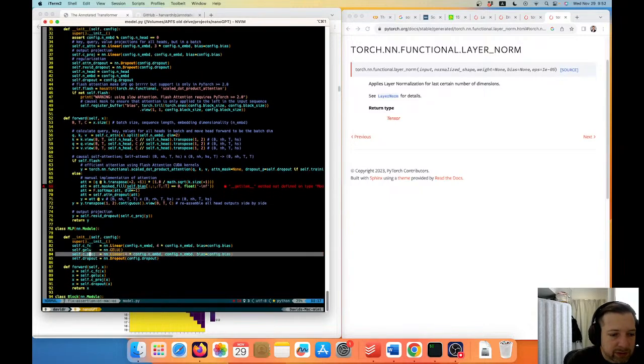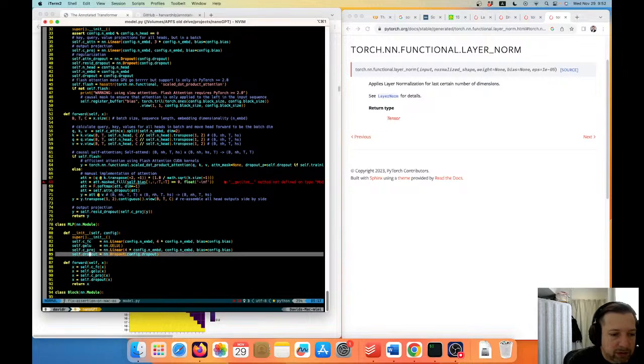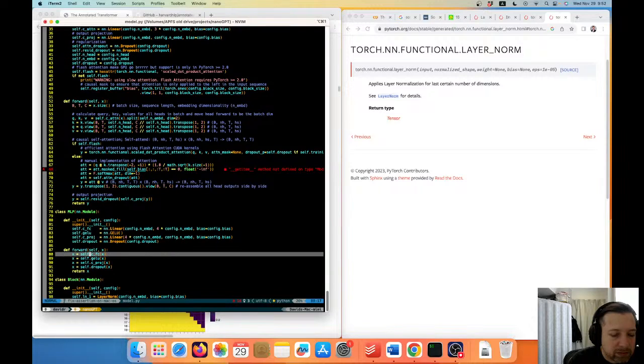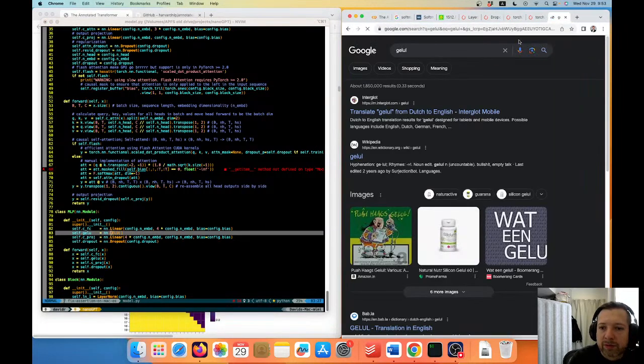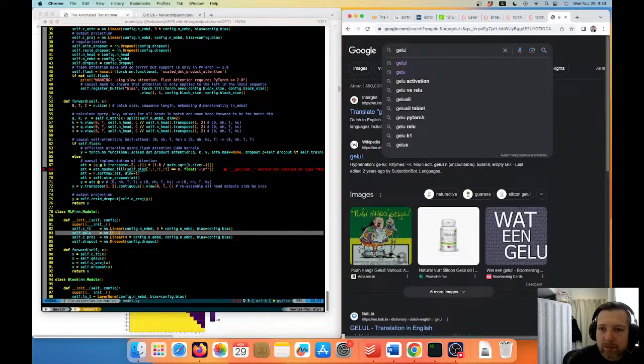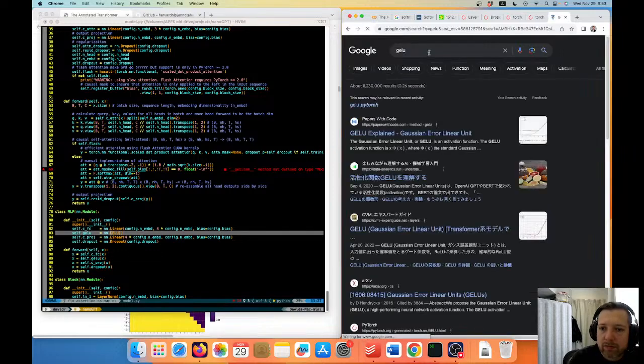Okay, this is just multi-layer perceptron. Linear. And then he uses, maybe we'll see this also in the code that we're looking at now, I'm not sure, Gaussian error linear unit.